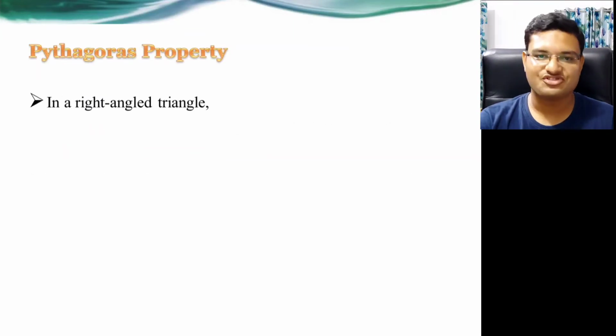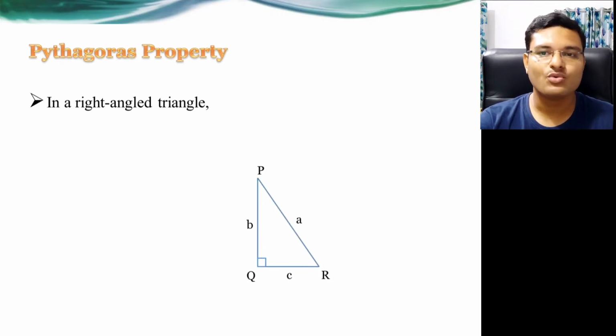In a right angled triangle, let's say triangle PQR, having two legs, one leg of size B units and the second leg of size C units. Here from the figure you can see that line segment PQ of triangle PQR is of length B units and line segment QR of triangle PQR is of length C units.